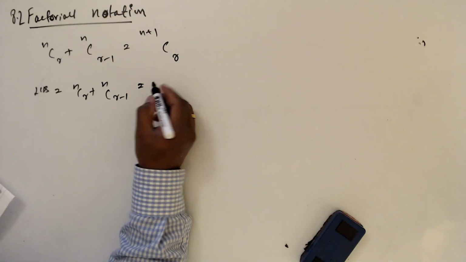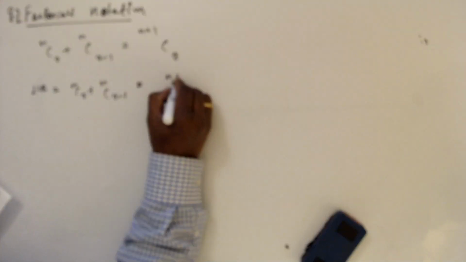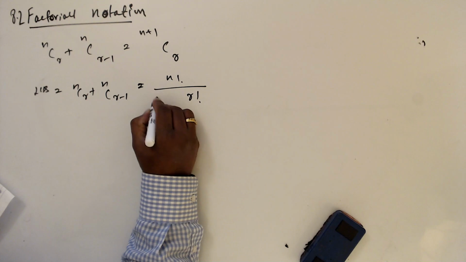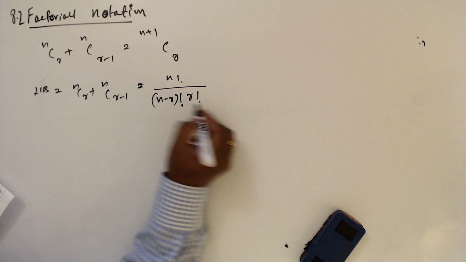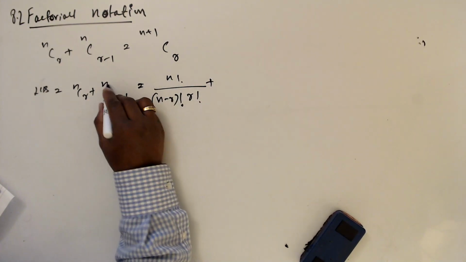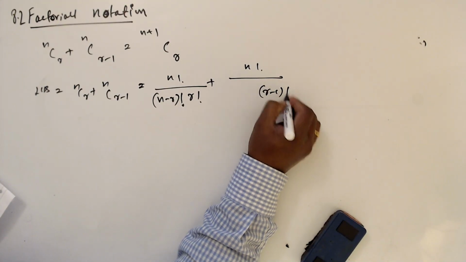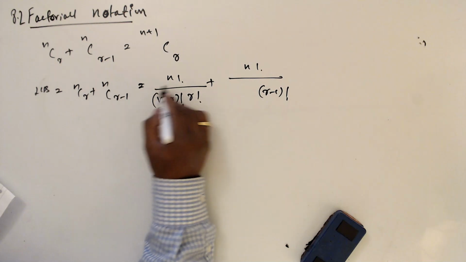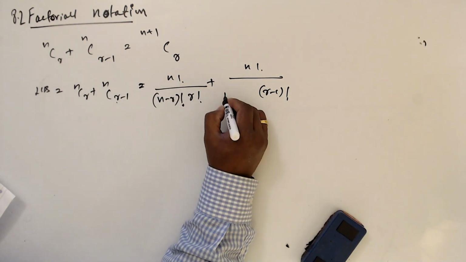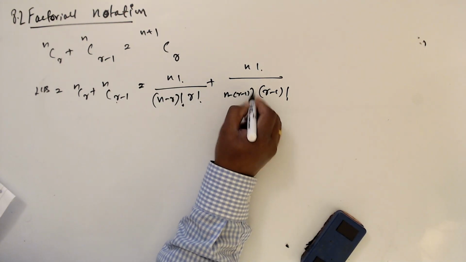And nCr means n factorial over r factorial times (n minus r) factorial. And this one is n factorial over (r minus 1) factorial times the difference, (n minus r plus 1) factorial.